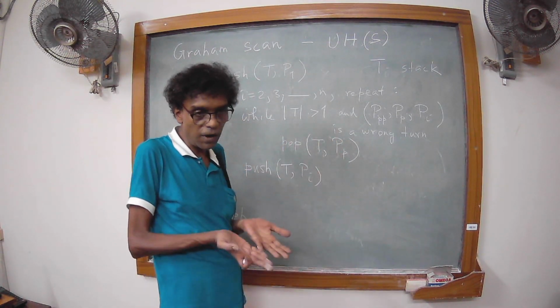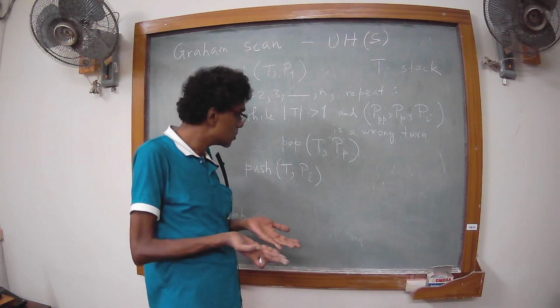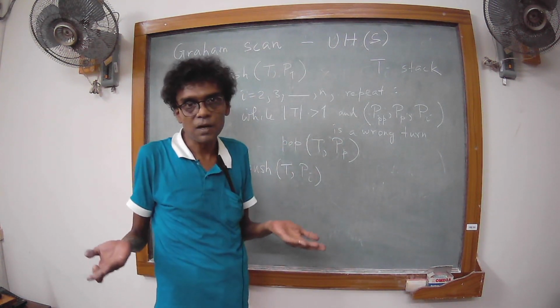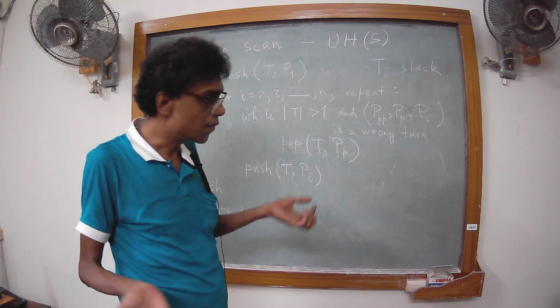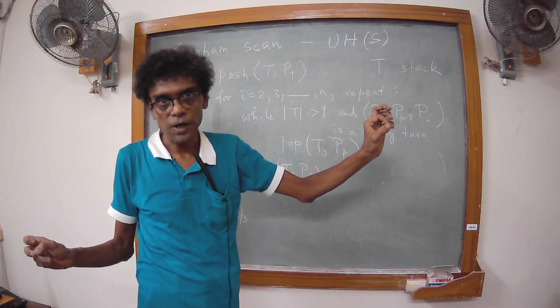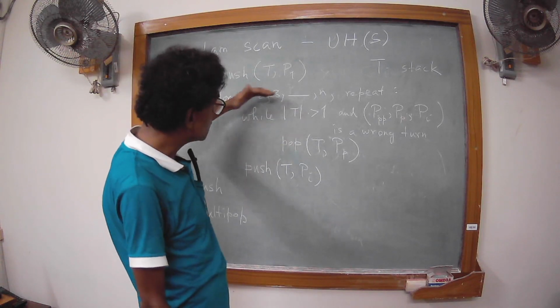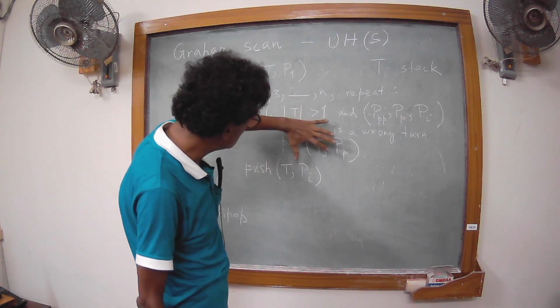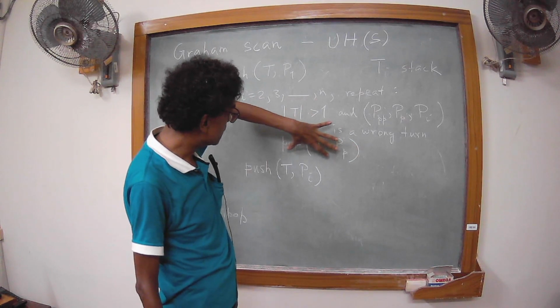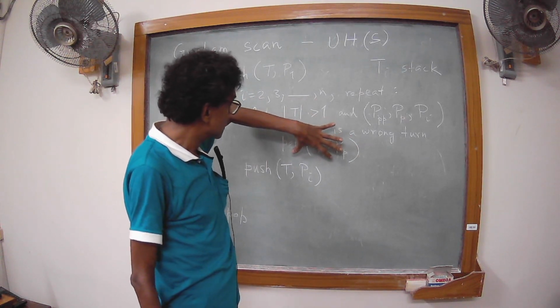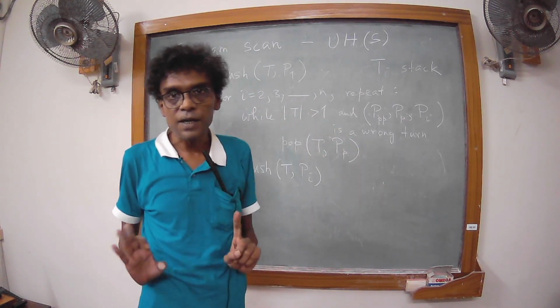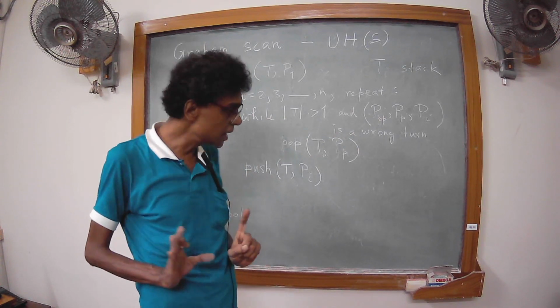We have pushed n points. So at most n minus 2 pops are possible. You have to have the leftmost point and the rightmost point. So the total effort associated with these pop operations has to be at most n minus 2. It cannot be bigger than that, right?